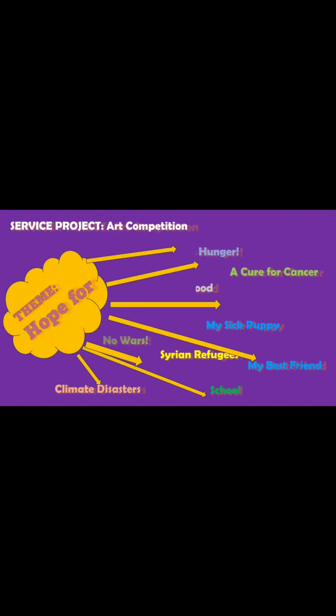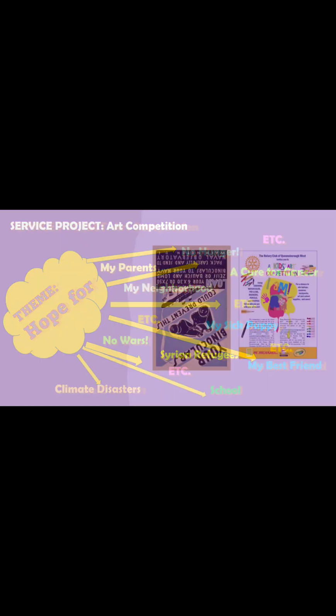The grant project itself is an art competition, and the theme is hope. Whatever the kids want or hope to have, they express through art. And this is in keeping with the mental health theme of the year.